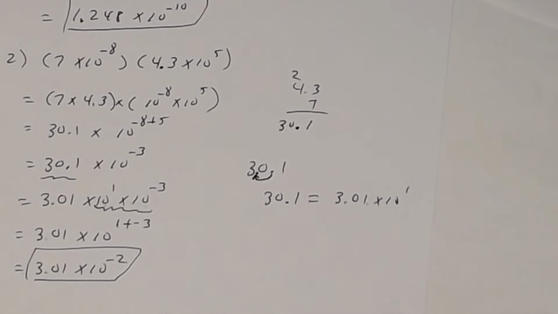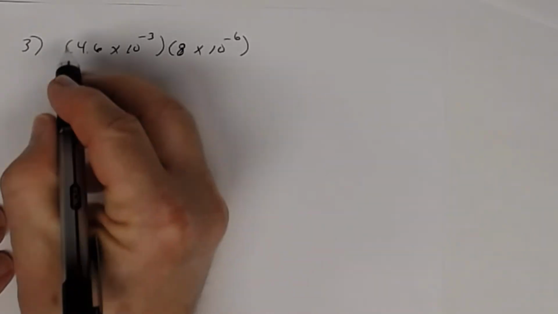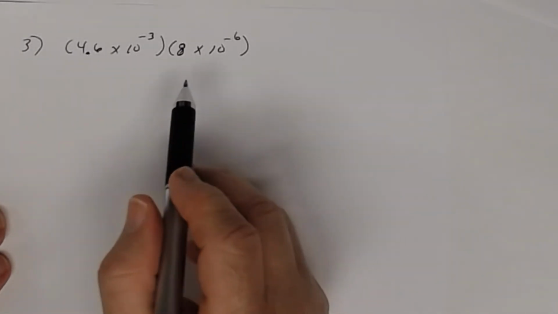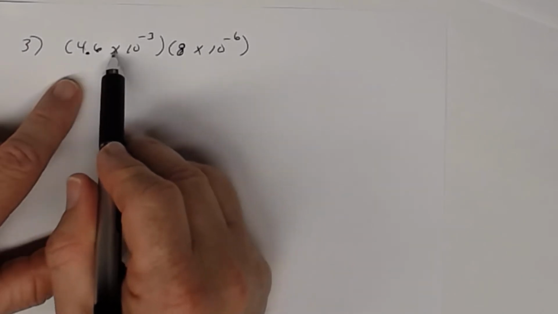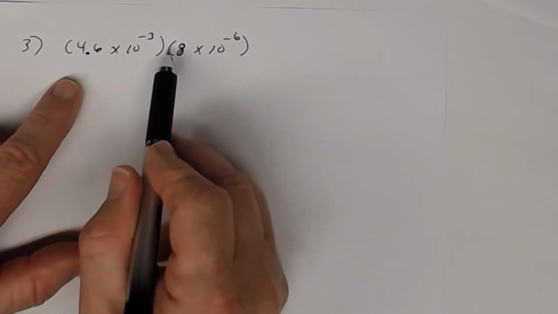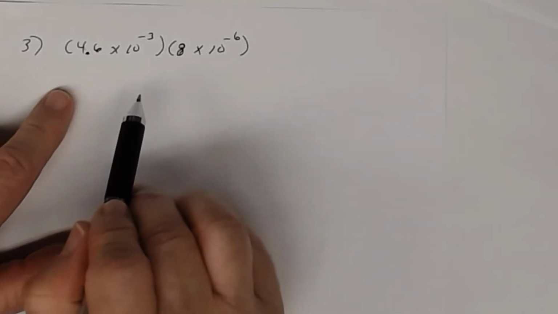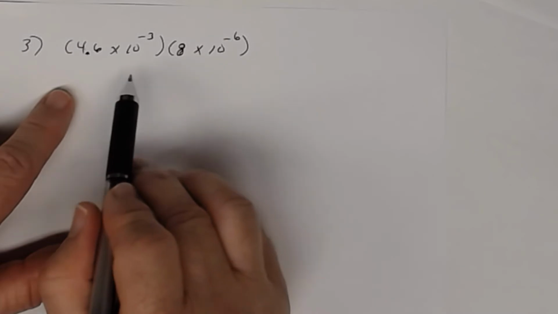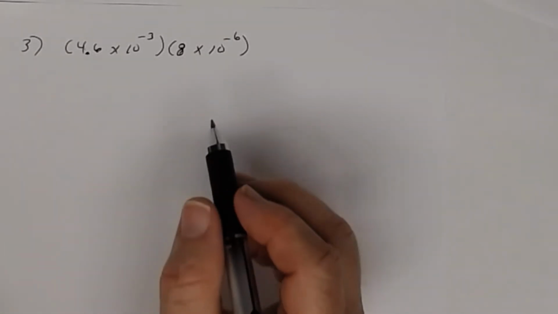Let's look at number 3. I want to multiply these two numbers that are in scientific notation. When I read it, this is read as 4.6 times 10 to the negative third times 8 times 10 to the negative 6. It's all multiplication, and remember multiplication is commutative, meaning the order in which you multiply does not matter.